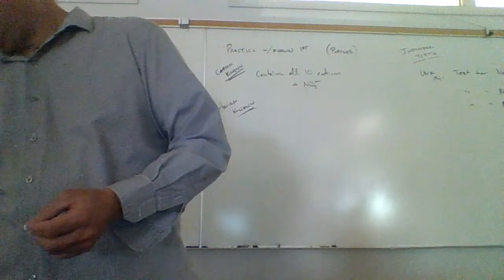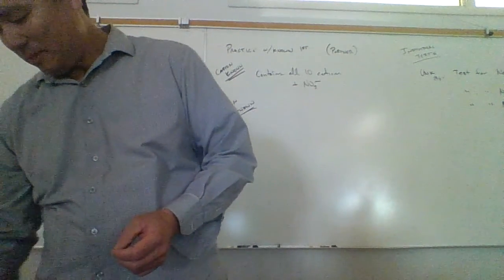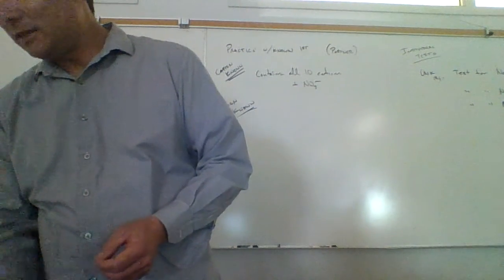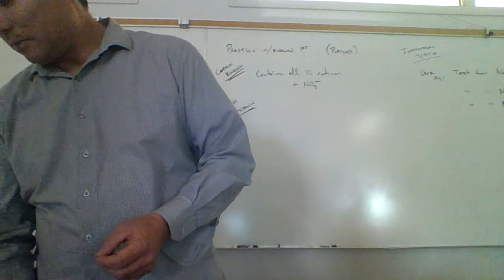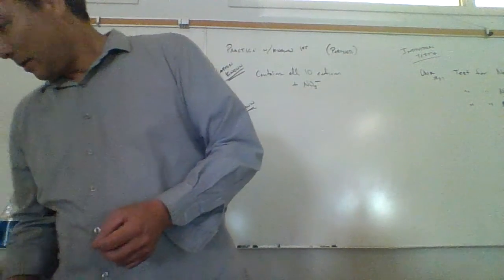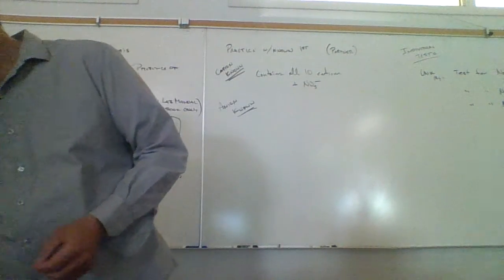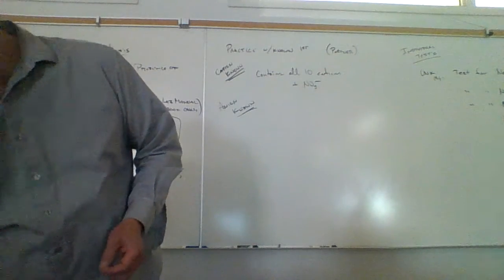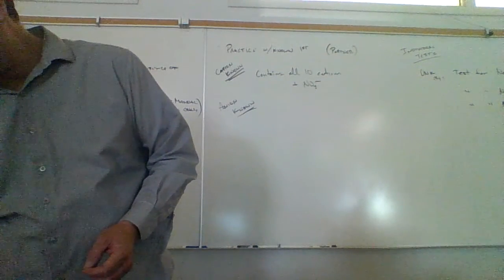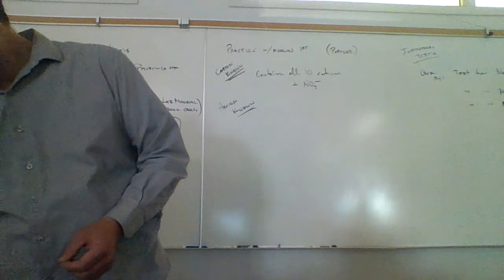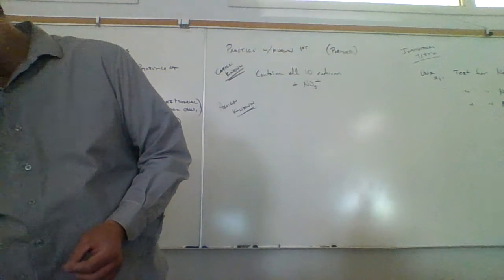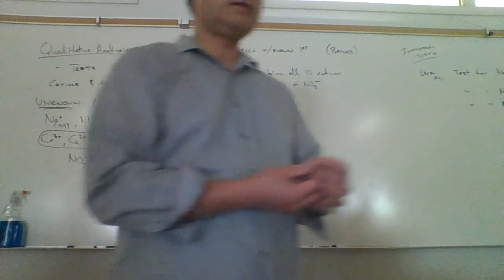That means this. Let's see if I can get some. And so what we're going to do is this. We're going to do the sodium test much later. The sodium test is done in this way.